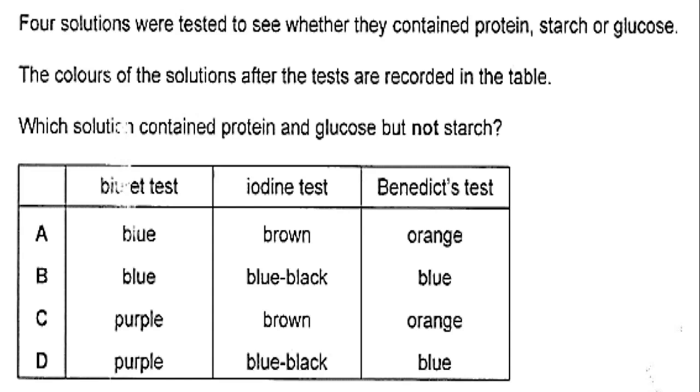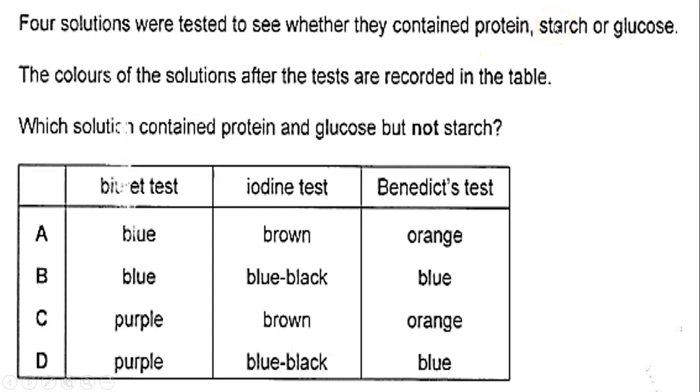Four solutions were tested to see whether they contain protein, starch, or glucose. The colors of the solutions after tested are recorded in this table. Which solution contains protein and glucose but not starch? Okay, in order to answer this question easily, I will go to protein and write under it positive Biuret.